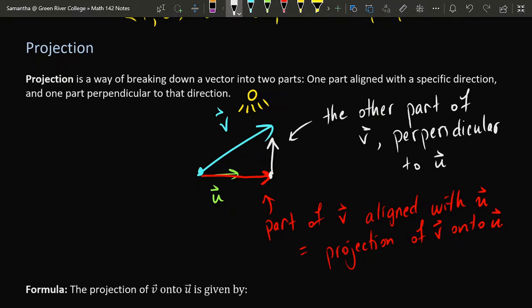So projection is a technique for taking a vector like the one called v here and splitting it up into the portion of v which aligns with u and the portion of v which is perpendicular to u, as in this image.